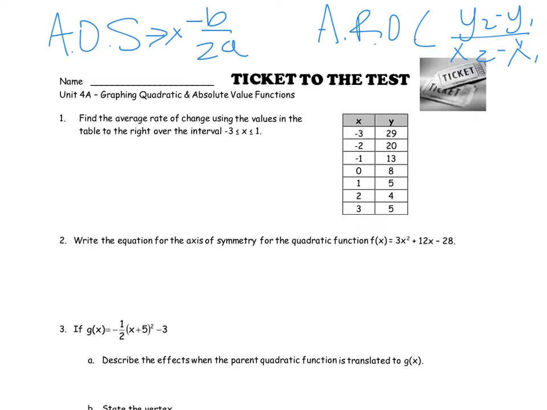So this is the first example. It says find the average rate of change. You write the formula y2 minus y1 over x2 minus x1. Now you just need to find the points. This is giving you the points: negative 3 and positive 1.